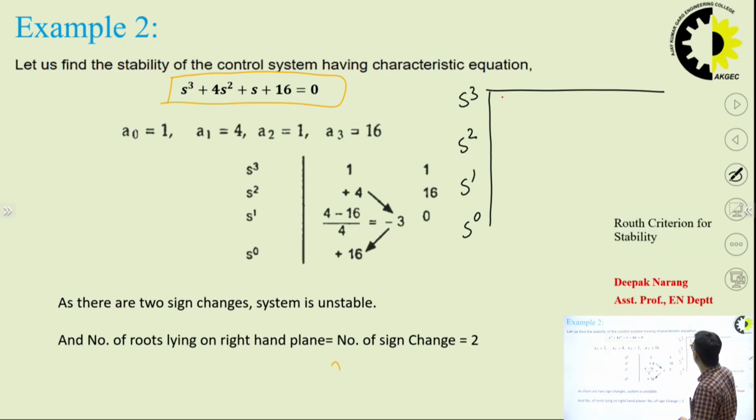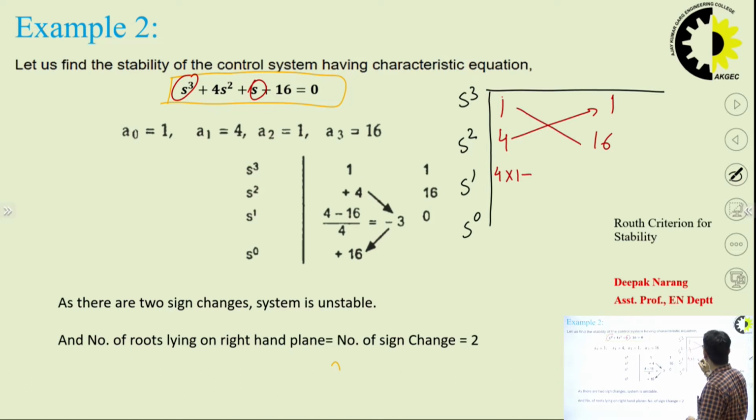Write their coefficients 1, 1, 4, 16 and 4 into 1 minus 16 into 1 divided by 4. Here no value is there, so we can write 0, and this we obtained as minus 3.